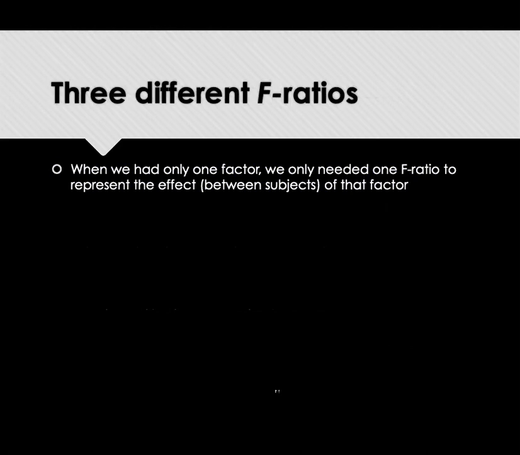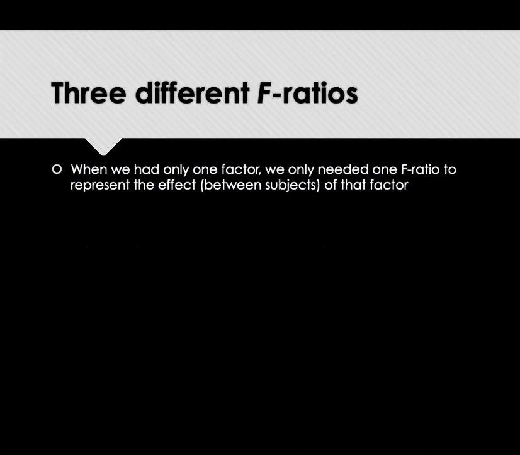We'll talk a little bit more about main effects and interactions in a later slide, but you might want to review these terms in your textbook and make sure you really grasp what a main effect and an interaction is and how those are different. When we only had one factor or one independent variable, we only needed one F ratio to represent the effect of that factor, right?